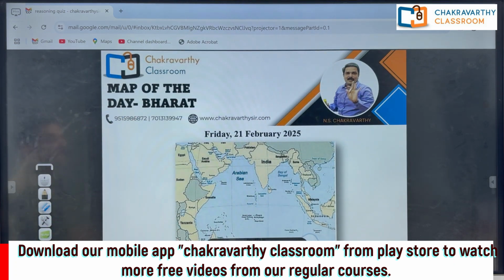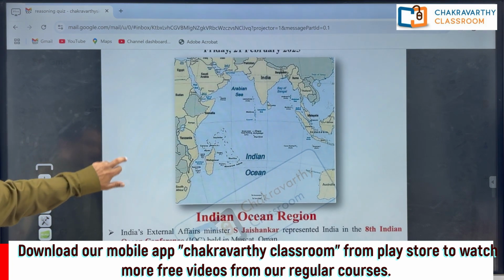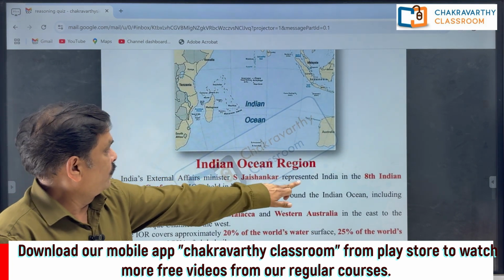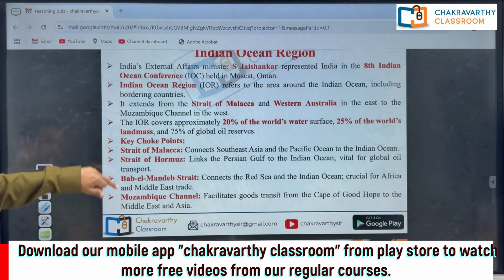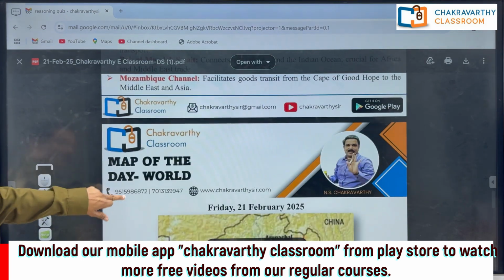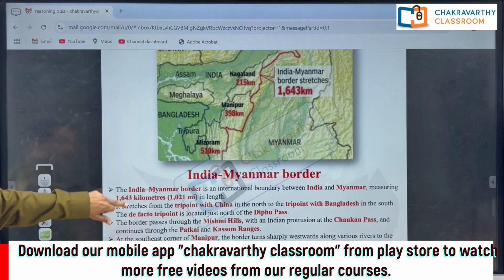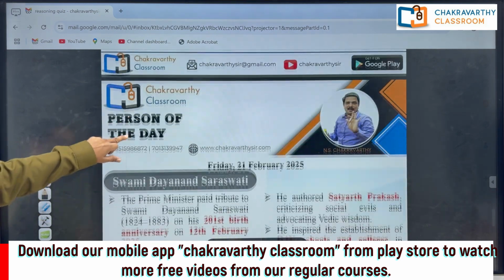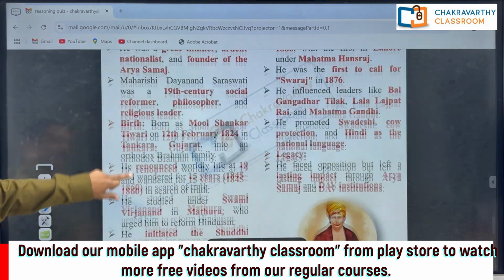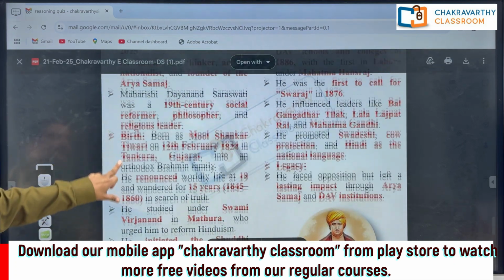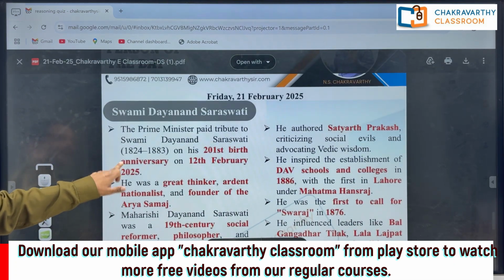Then maps of the day. Bharat, India. So today's map is this one. So Indian Ocean region we have explained today. Then world map will be there. This is world map. All right. So then followed by this is person in the news.